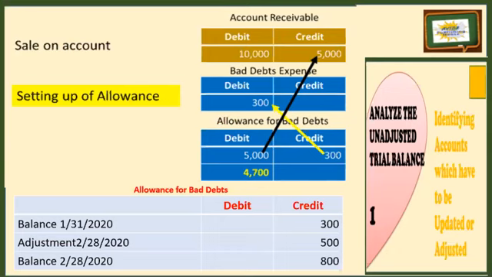Under the percentage of sales method, the company ignores the existing balance. So let's take a look at the balance of Terimacore. Before, it has a 5,000 balance in accounts receivable. Then in the allowance, it has a balance of 300. Now, for the current period, there is a 4,700 debit balance.